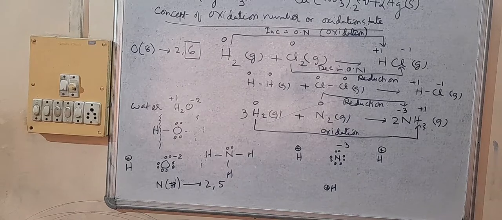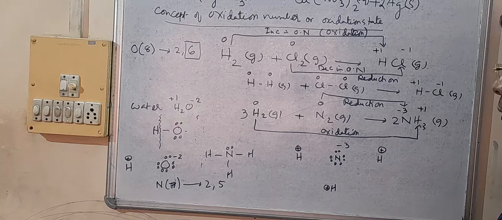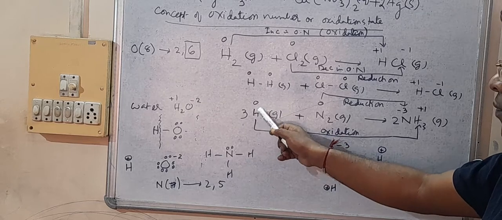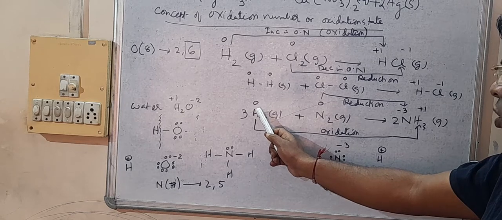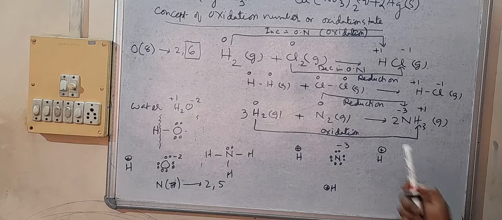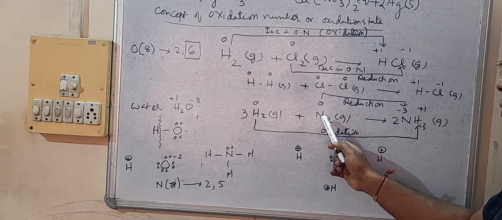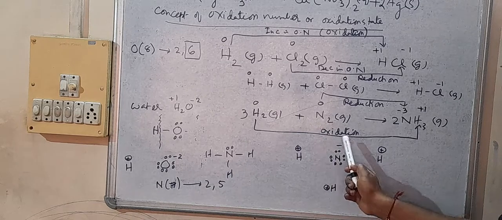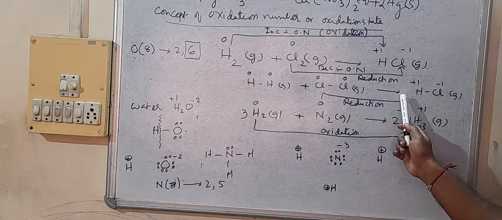If this is reduction, this one will be your reducing agent. The reducing agent does the reduction, and its oxidation number gets increased, if you remember. And nitrogen is the oxidizing agent, and an oxidizing agent carries out oxidation, and its oxidation number gets decreased.